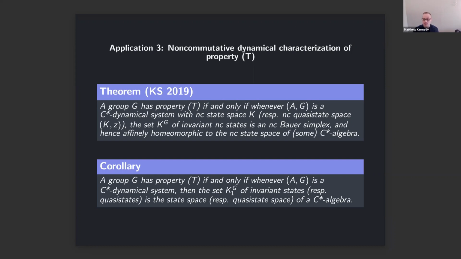And the relationship between A and this other C-star algebra can be quite complicated. It's not necessarily straightforward to write down what this C-star algebra actually is. And this is perhaps another piece of evidence that this dual perspective, looking at this space of NC states, is actually a fairly natural thing to do in this context.